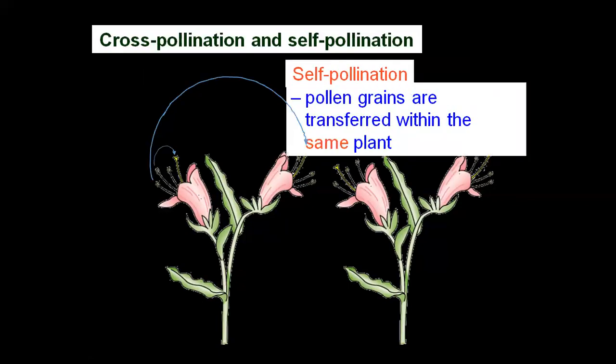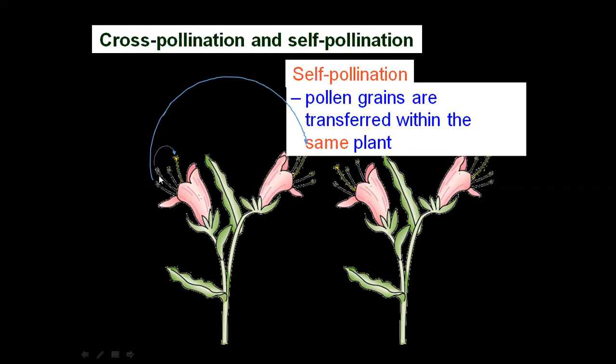Okay, while another type we have is self-pollination. Pollen grains are transferred within the same plant. In self-pollination, you can see here, pollen grains are transferring from anther to stigma within the same plant. It may be within the same flower.